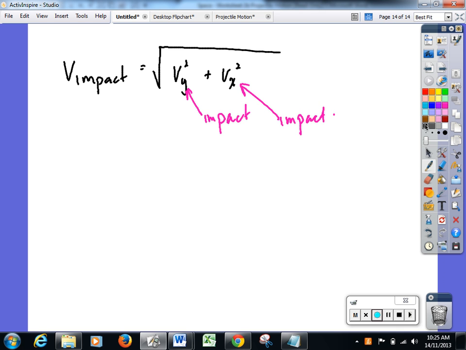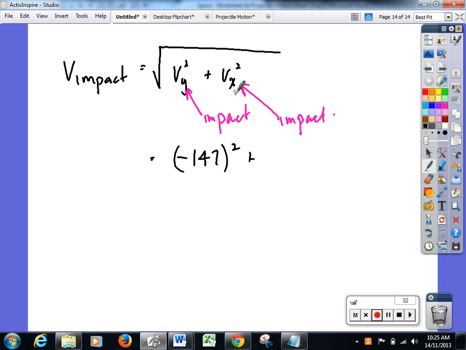Right, so do I know Vy on impact? Yes, it's negative 147, and we need to square it. So there is our saviour. We don't know it's a negative, it will be squared and positive anyway. What do I know Vx is?